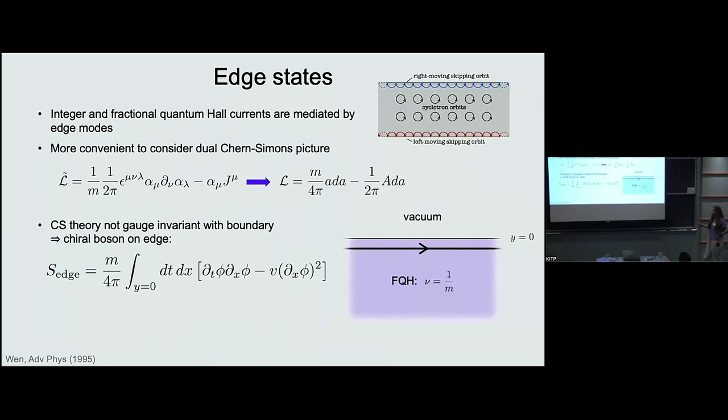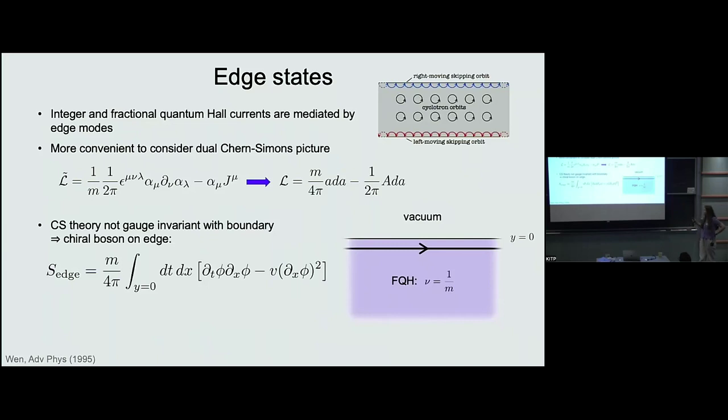So instead of this gauge field alpha with this fractional level 1 over m here, we go to a description where I have a different gauge field whose Chern-Simons term has an integer value on top. So this is better in some ways.